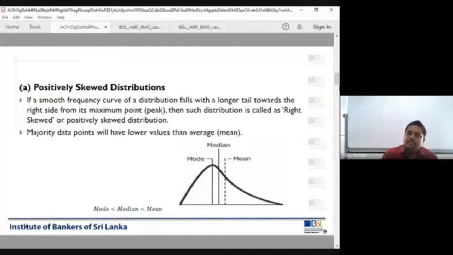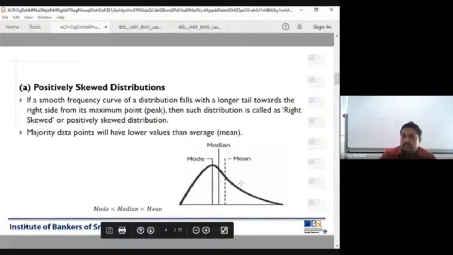Now, similar to what we discussed a moment ago, in this data set also, we can earmark and identify the three central tendency indicators which we discussed last week. Those are mode, median and mean, like given here.